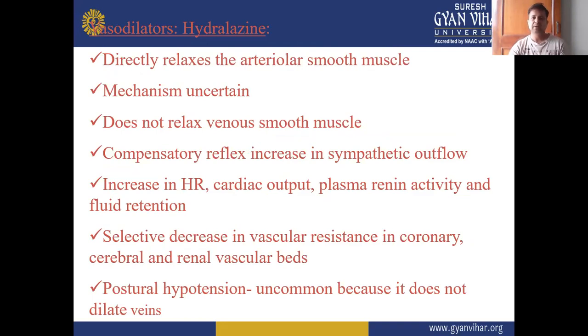Compensatory reflex increase in sympathetic outflow causes increase in heart rate, cardiac output, plasma renin activity, and fluid retention. There is selective decrease in vascular resistance in coronary, cerebral, and renal vascular beds. Postural hypotension is uncommon because it does not dilate veins.